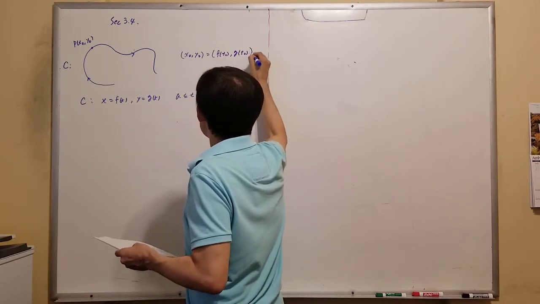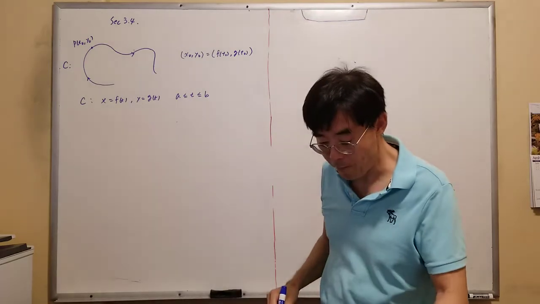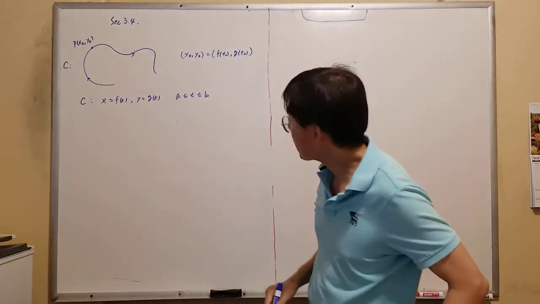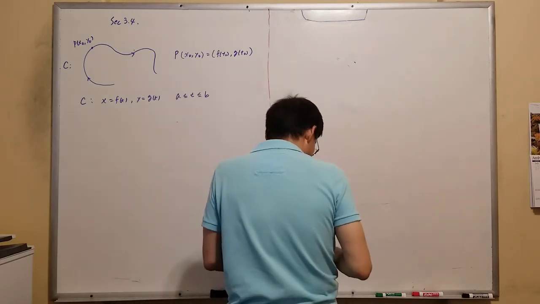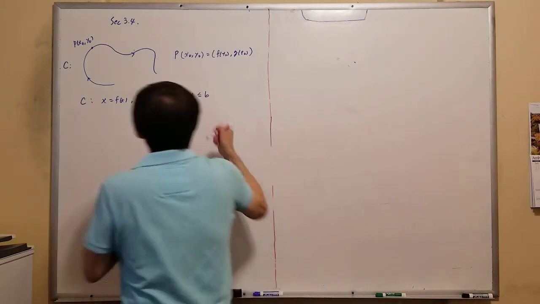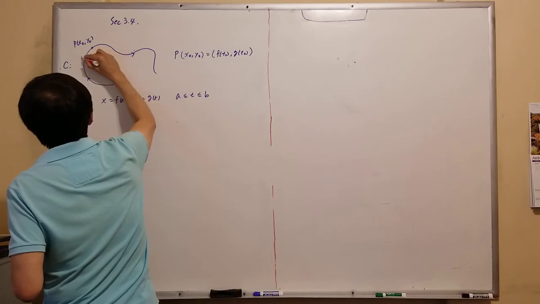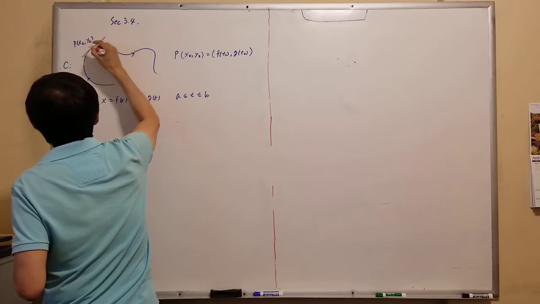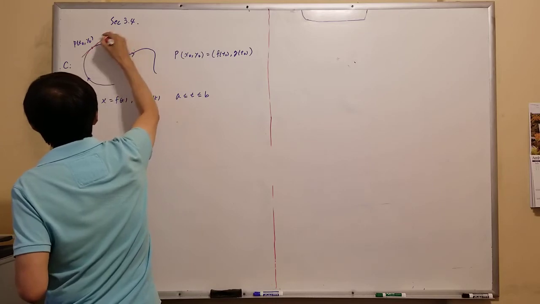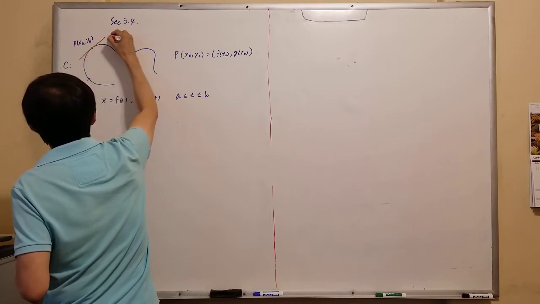Okay? At t equals t0. We want to find the tangent line. We want to find the equation of the tangent line at that point.